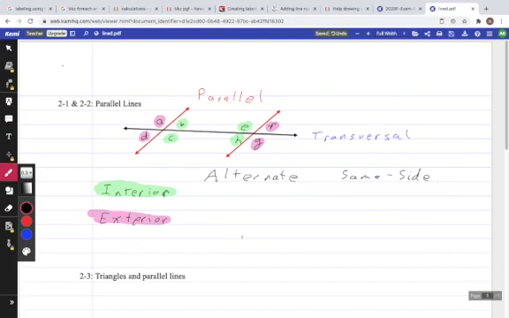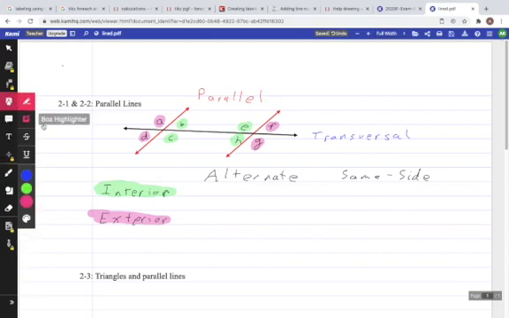So our alternate angles means they're on the opposite sides of our transversal. So again, coming to here, our alternate angle, for example, for D, the alternate exterior angle is F.